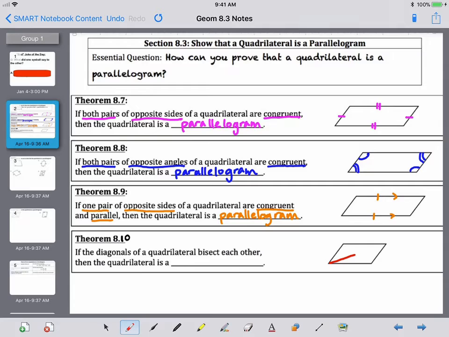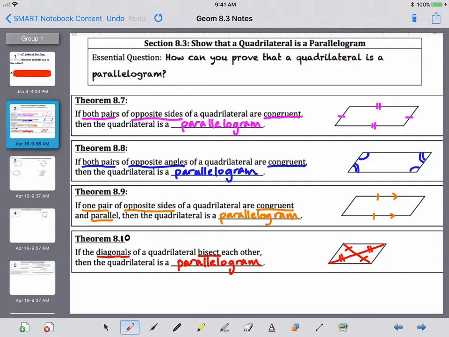So if it turns out that this diagonal and this diagonal bisect each other, then that quadrilateral again is a parallelogram. So this is the converse of the last theorem in section 8.2. So if they bisect each other, we have a parallelogram. So that would mean that this and this need to be the same length, and then these two pieces need to be the same length.